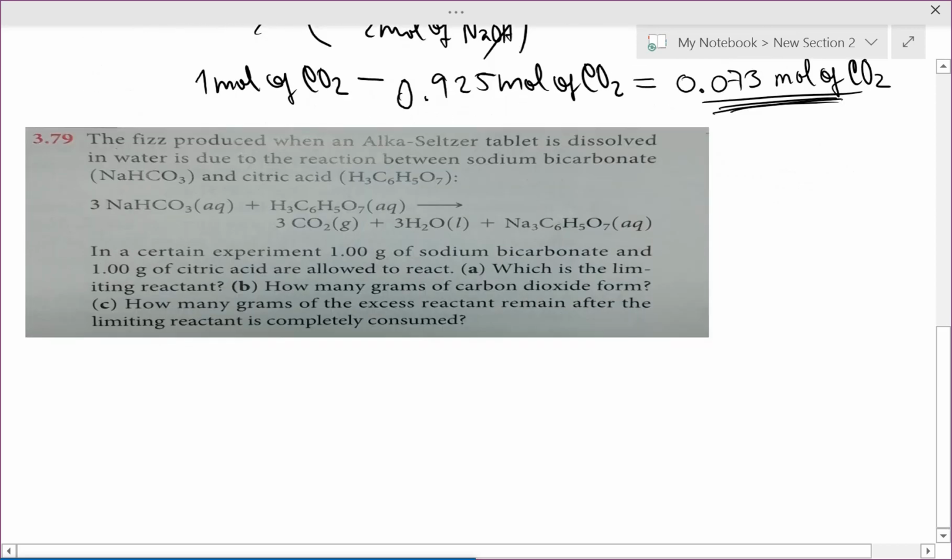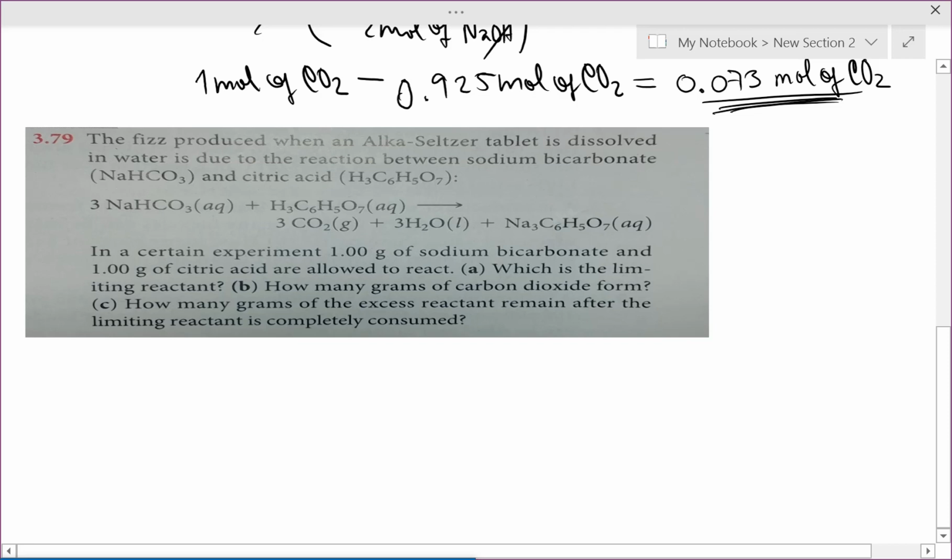This is 3.79 in your book. So part A says, which is the limiting reactant? Again, we have to choose between two scenarios. Either the sodium bicarbonate is the limiting reactant or the citric acid is the limiting reactant.